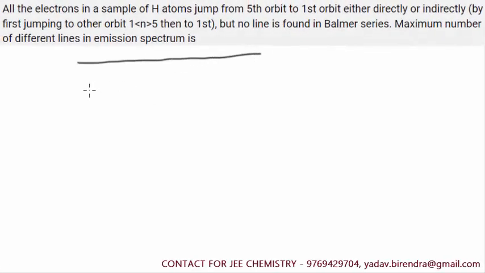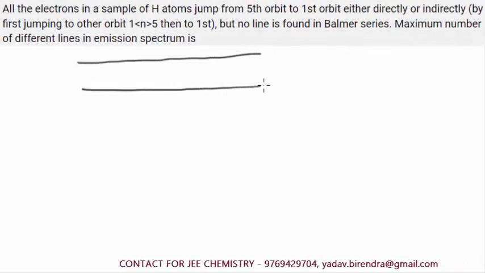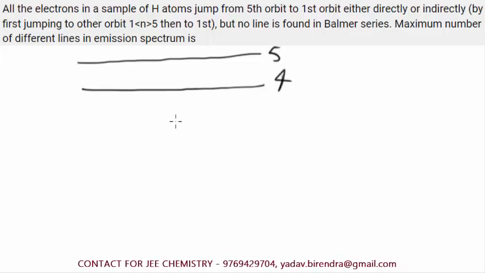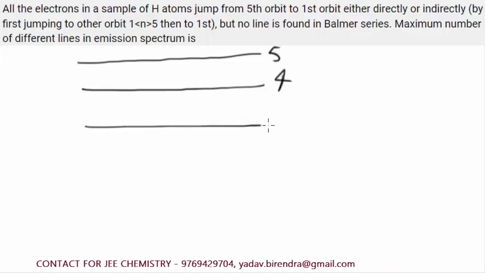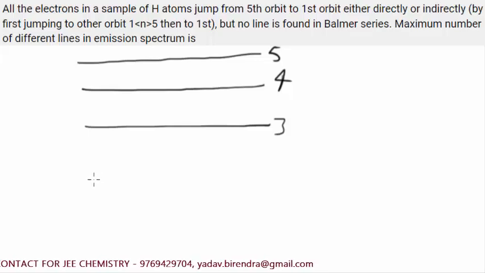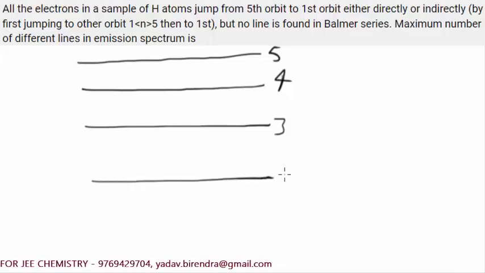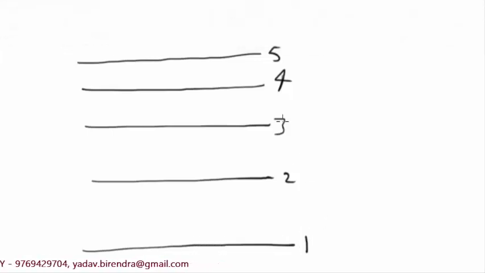If I draw the energy orbits: fifth orbit, fourth orbit, then third, then second, then first. If I find the total maximum possible spectral lines, the formula is very simple.